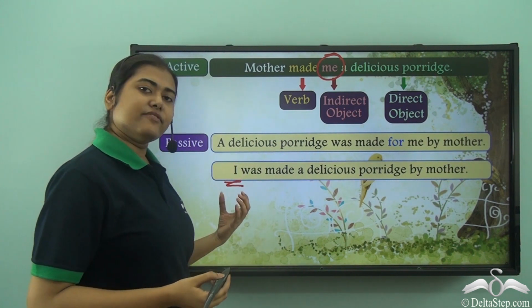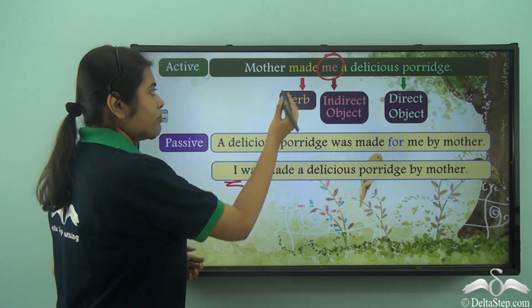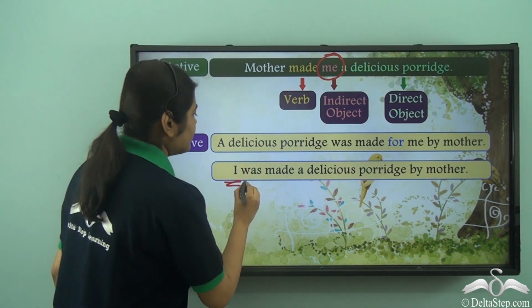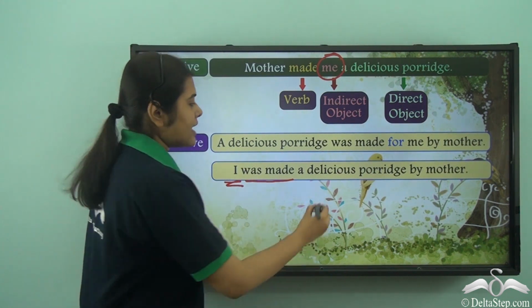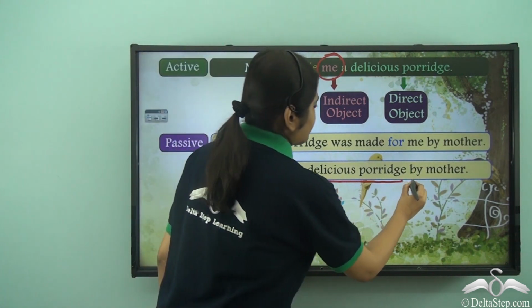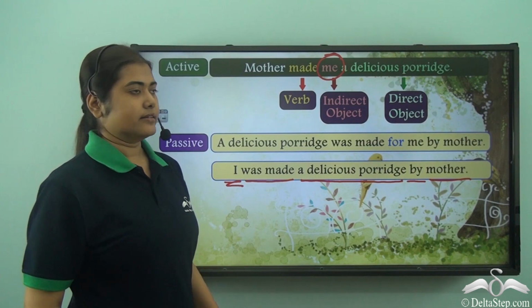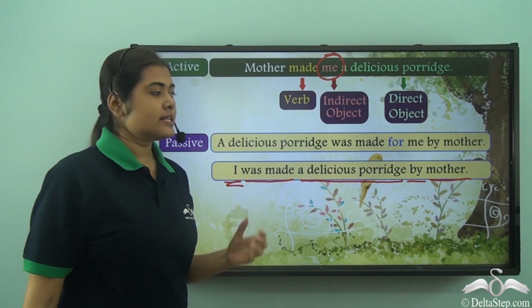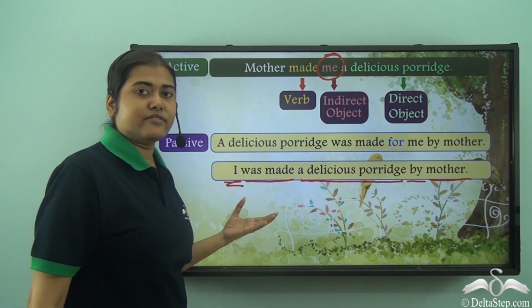So, in passive voice, that will get converted to the subject pronoun. So, me becomes I, followed by the verb was made. After that, a delicious porridge, and then we use the preposition by, followed by the doer, mother. So, these are the two ways in which we can write this sentence in passive voice.